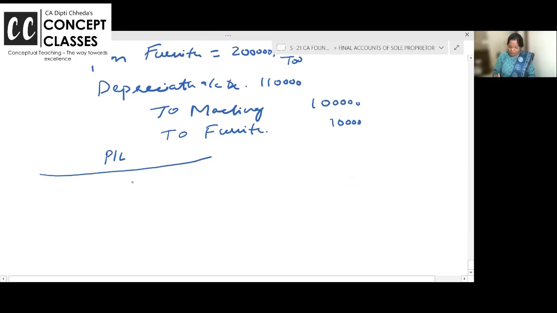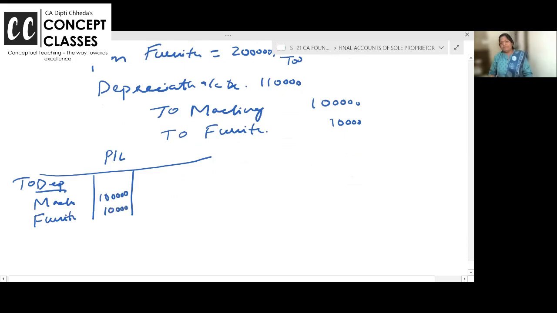P&L account. Debit side. To depreciation, first effect. Machinery 1 lakh. Furniture 10,000. Machinery 1 lakh, furniture 10,000.